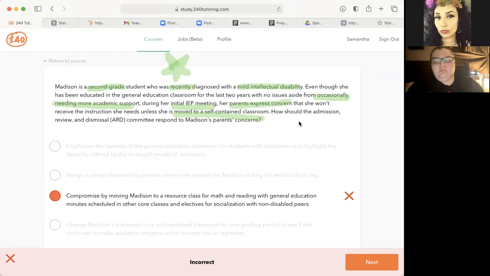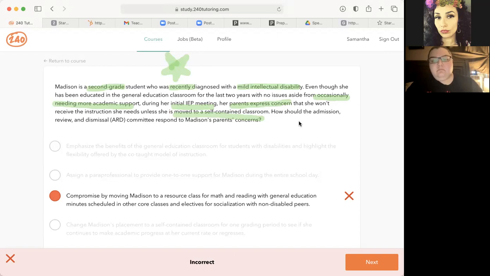Sometimes it's harder for us to replicate those learning environments in a self-contained unit, but in the general ed classroom, they are able to work in group activities and engage in sharing opportunities and other things that self-contained possibly doesn't provide as many opportunities for. And so certainly we want to give all of our special ed students maximum opportunities in the least restrictive environment.